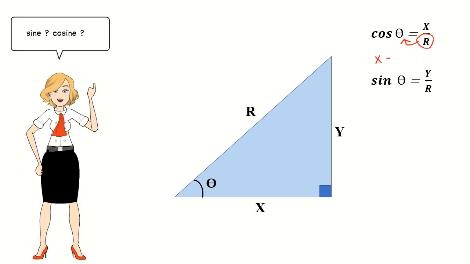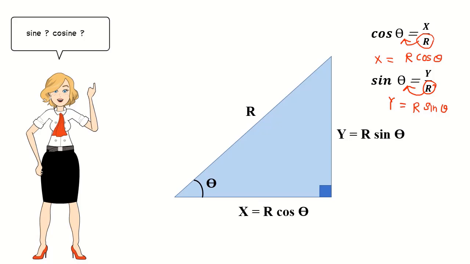For x, I will have r multiplied with cos theta, and for y, I will have r multiplied with sin theta. Therefore, y is equivalent to r sin theta and x is equivalent to r cos theta. This is useful: if we know the angle and the hypotenuse, then this gives us the other two sides of the triangle.